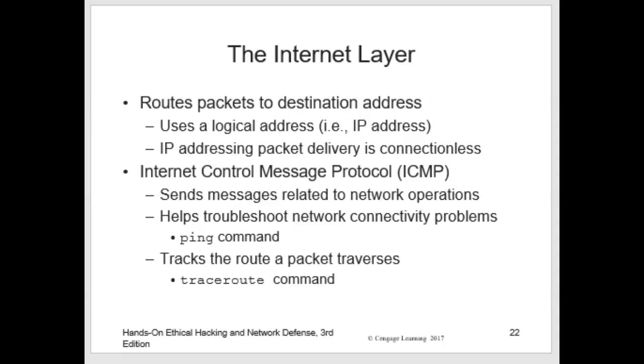Using a logical address we call an IP address, right? ICMP is also part of layer 3, and this sends messages related to the network operations. So it frankly goes like this. It's pretty easy to remember.